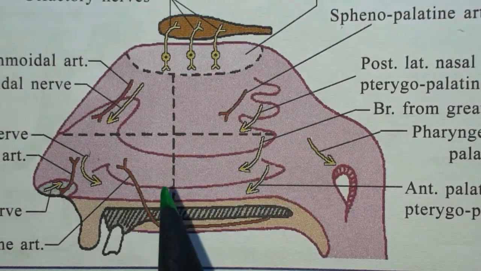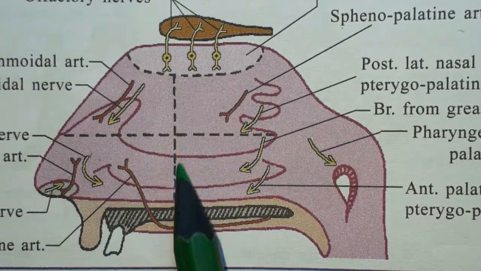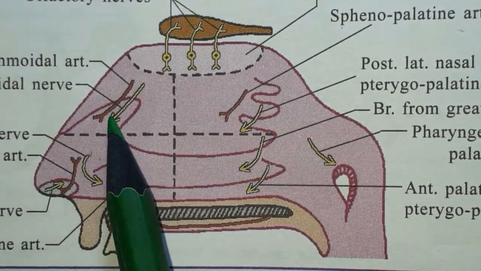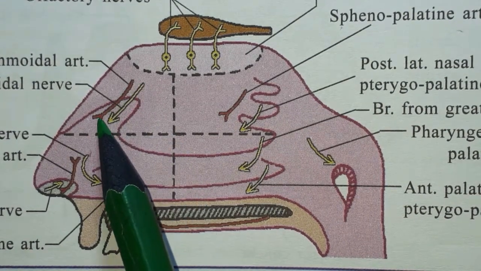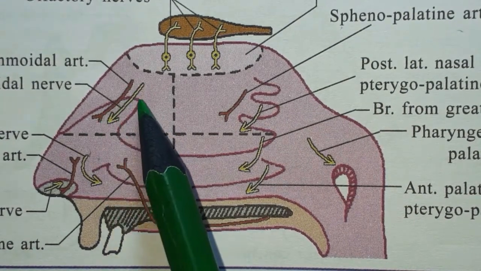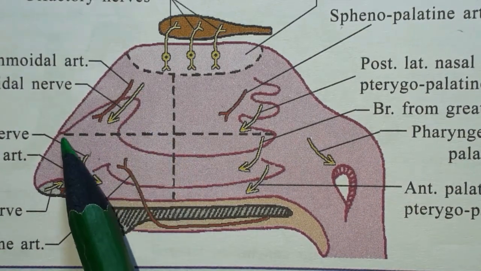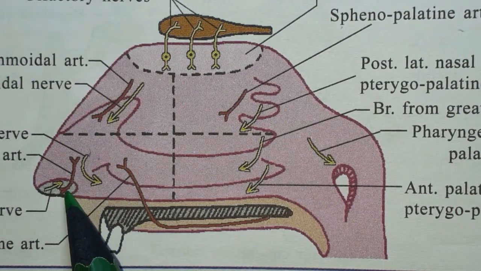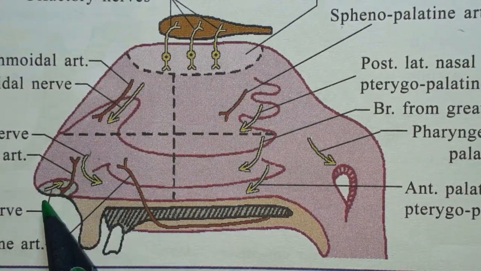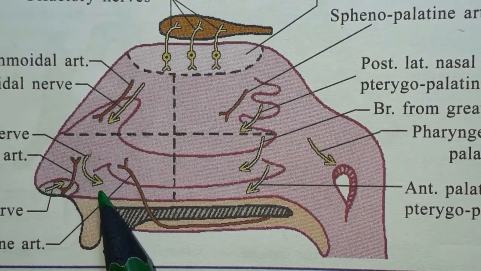For studying the artery and the nerves of the lateral wall, we will divide it into 4 quadrants. In the anterior and the superior quadrant, we can see the anterior ethmoidal artery over here, and accompanying it lies the anterior ethmoidal nerve. In the anterior and inferior quadrant, you can see the alar branch of the facial artery, the external nasal nerve, and the anterior superior alveolar nerve.